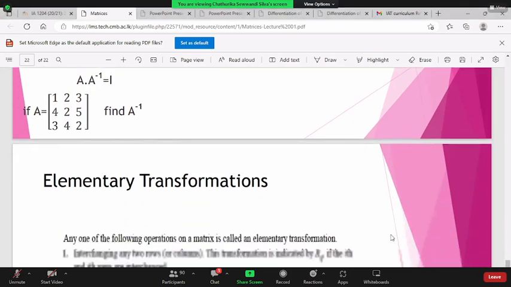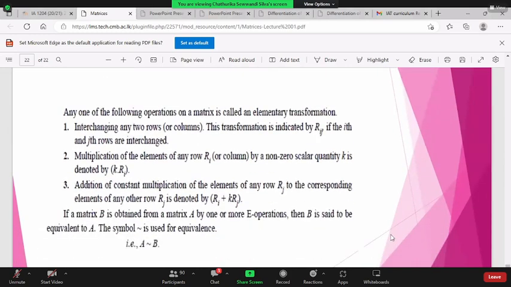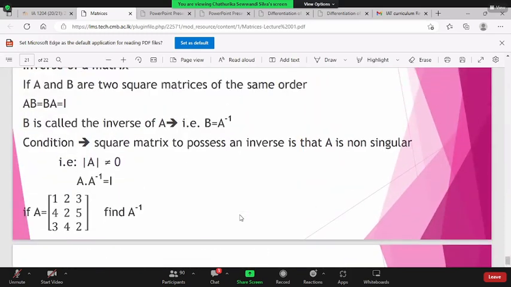So the next elementary transformation is, yes, 3, if a matrix B is obtained from A. So those are called the elementary transformations, right? You may be wondering, if we multiply only one row or one column of a matrix by a scalar, or if we just add two rows or columns together, what is this and how will it affect the matrix?